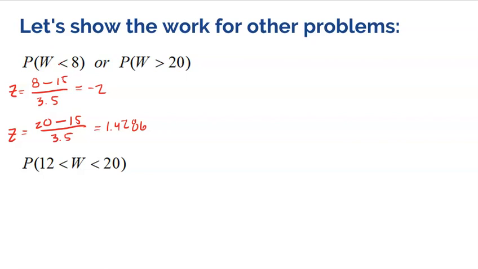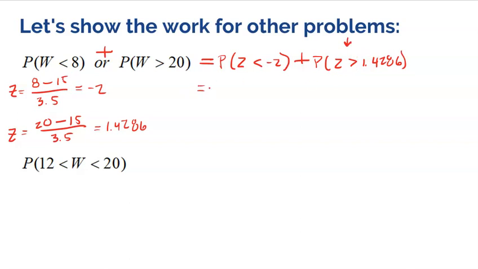The probability that I'm going to take less than 8 or, which means I'm going to add, more than 20, and that is equal to the probability that a z-score is less than -2, and I'm going to add that to the probability that a z-score is more than 1.4286. Again, this is equivalent to saying less than 8. This part right here is equivalent to saying more than 20.